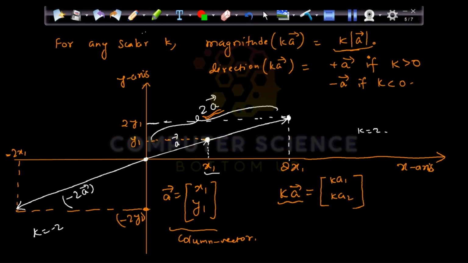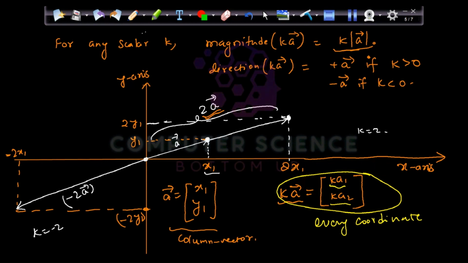Okay, so I can very well say that a scalar multiple of a vector, or multiplication of a vector with a scalar, means that every coordinate gets multiplied by k, which is a scalar, right?